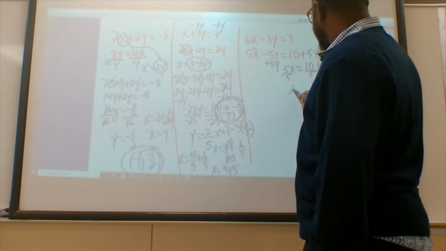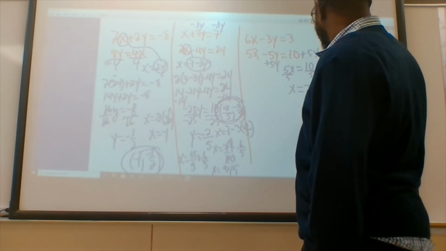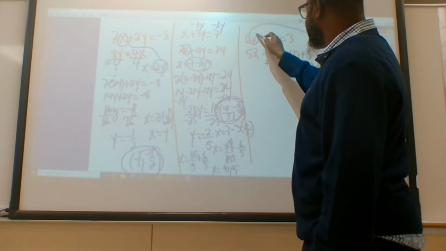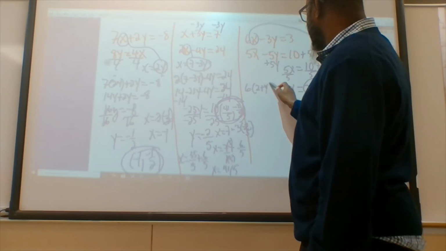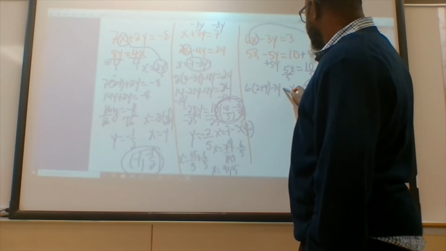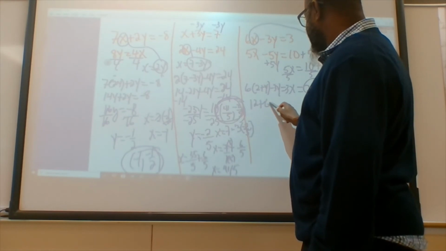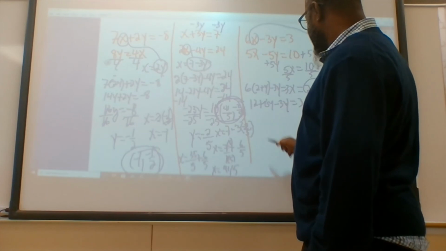In this case, I will have x is equal to 2 plus y. So this is what x is equal to. Then I can come back here, to the first equation. I will have 6 times (2 plus y) minus 3y is equal to 3. Then I will have 12 plus 6y minus 3y is equal to 3.